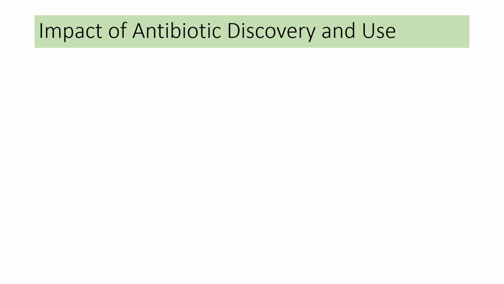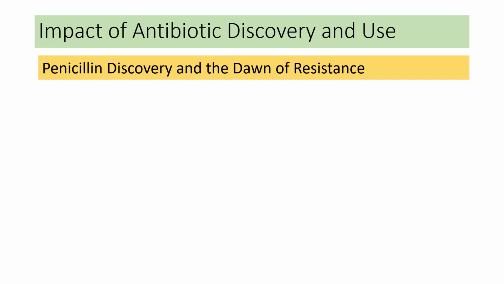We are diving into a fascinating and somewhat cautionary tale, the story of penicillin, and the surprisingly swift rise of antibiotic resistance. Our story begins in 1928 with Alexander Fleming, a Scottish bacteriologist working at St. Mary's Hospital in London.